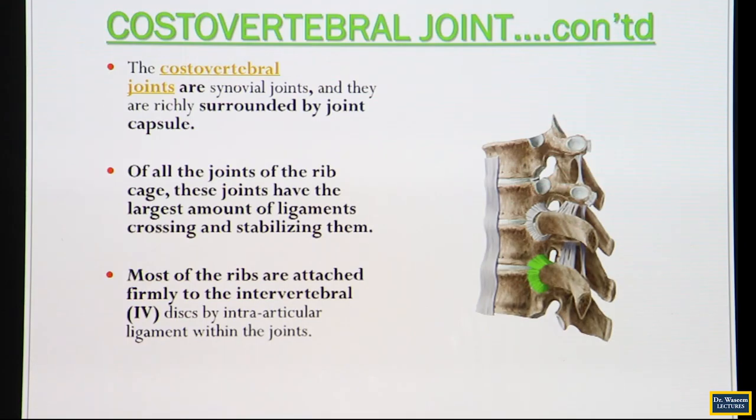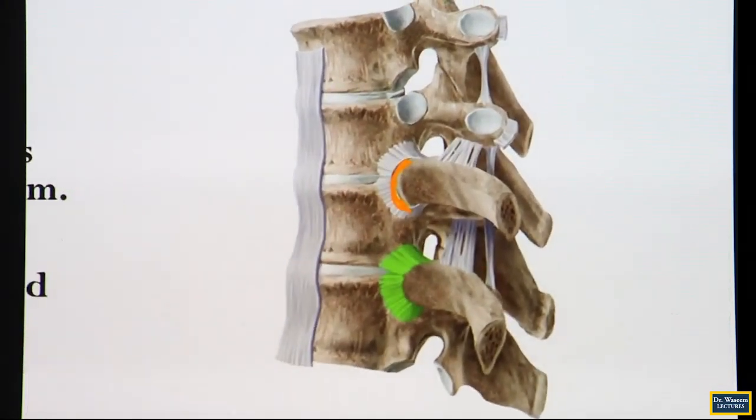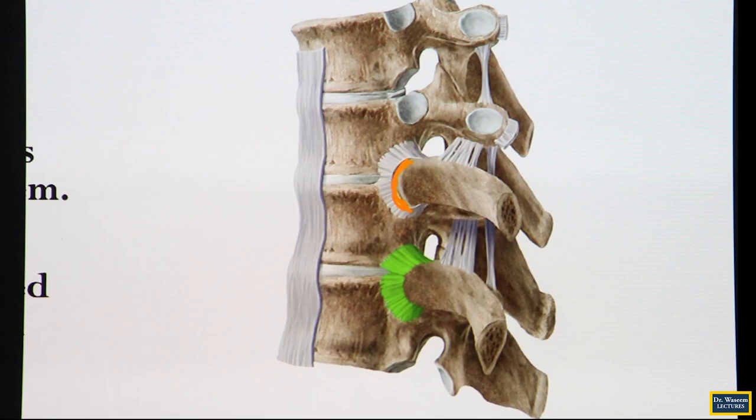And these joints, if you look at this, for example, if this is the rib here, the rib will have the head here, and the head has two demifacets.